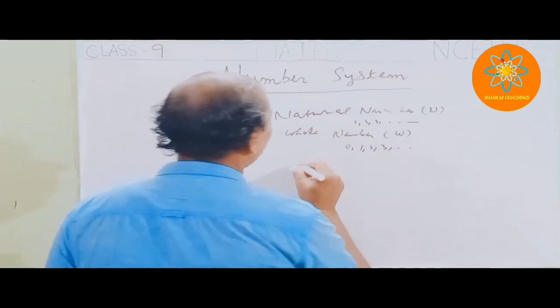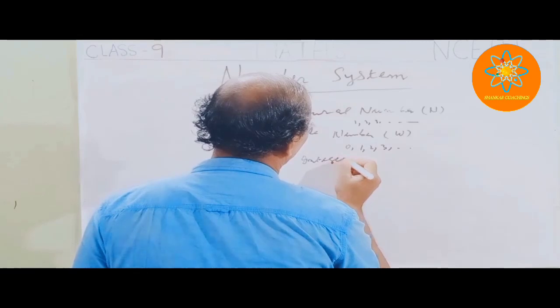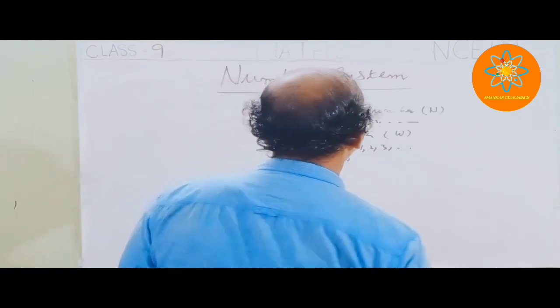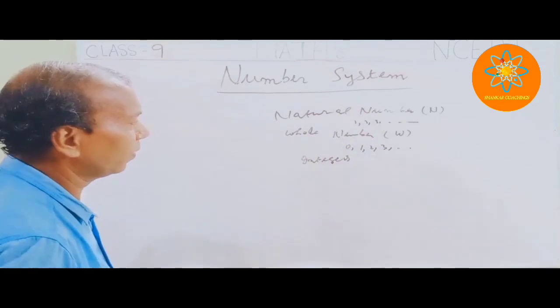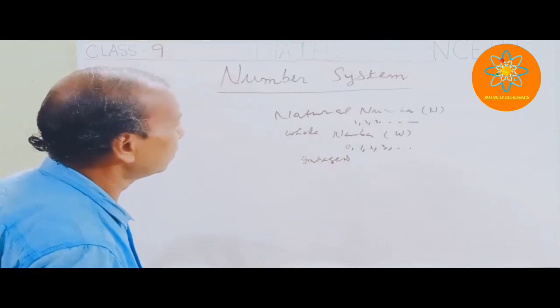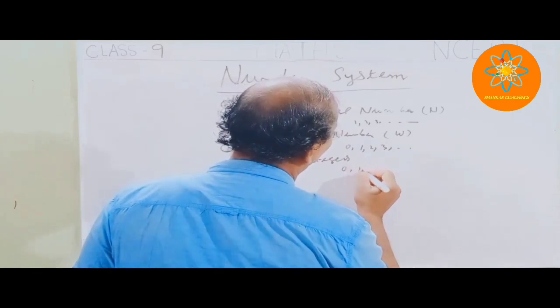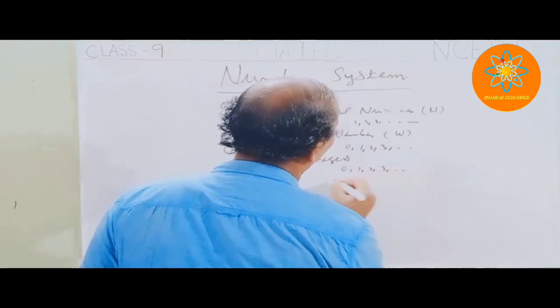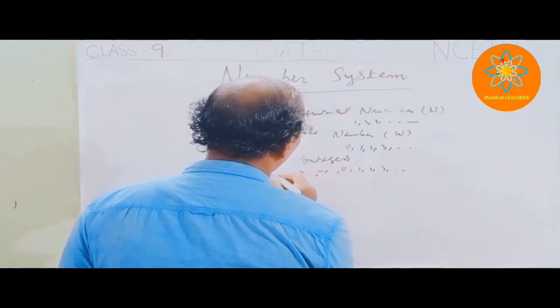Now come to the next one. Next is the integers. In the integers, we take what? Negative also, negative of the natural number, combining with the whole number. So we will get the integers. So it will be 0, 1, 2, 3, and so on, and here it is -1, -2, -3.